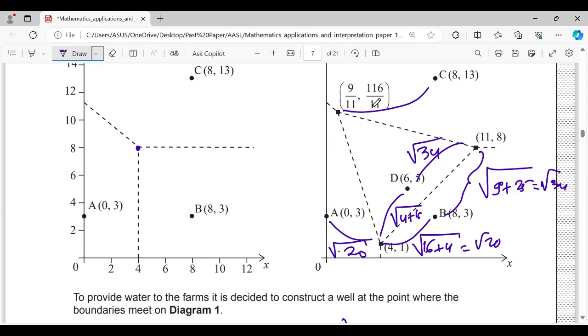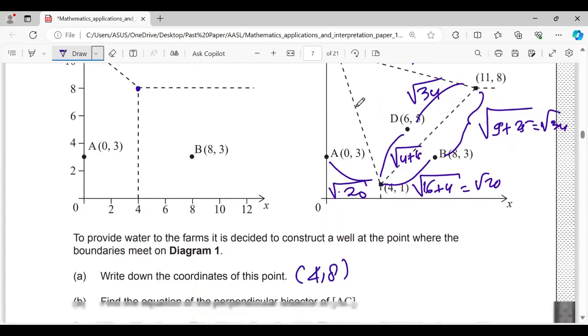Now I'm going to check this. C and this point. For C and this point, if you calculate, it will be square root, how much is this? Yeah, this so far, 0.5, and so on. So this one is the farthest.